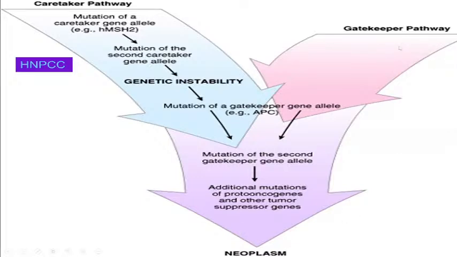The gatekeeper pathway is different, it doesn't have the mismatch repair genes, but you still end up in the same place with multiple mutations involving proto-oncogenes and other tumor suppressor genes.